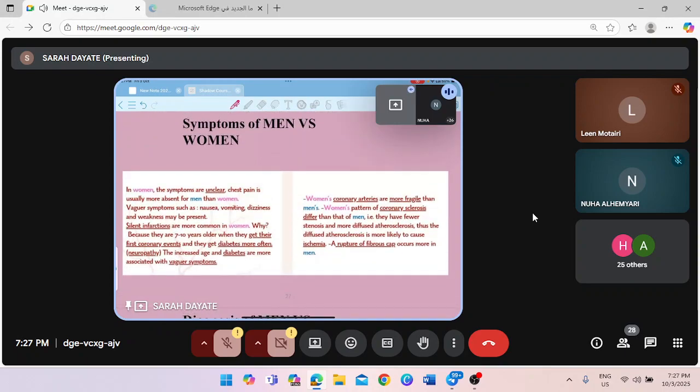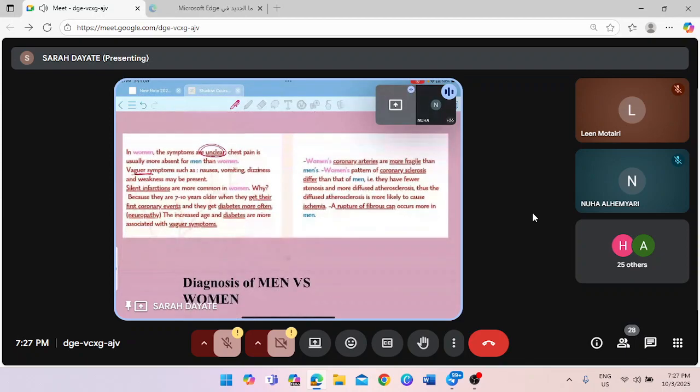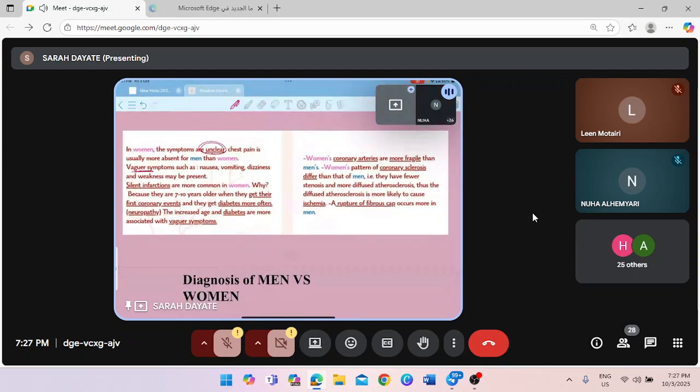So here are the symptoms of men versus women. For women, we said it's unclear, more absent. We call them vaguer symptoms, like nausea, vomiting and dizziness, which may not be present. They call it silent infarction for women. Why? Because they have the infarction 7 to 10 years later when they get their first coronary event.